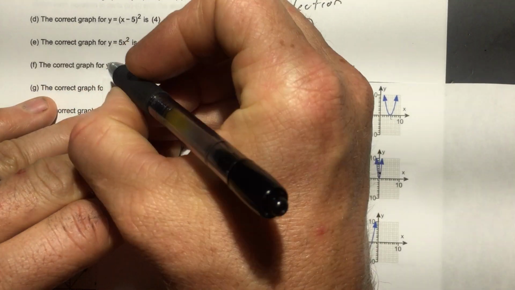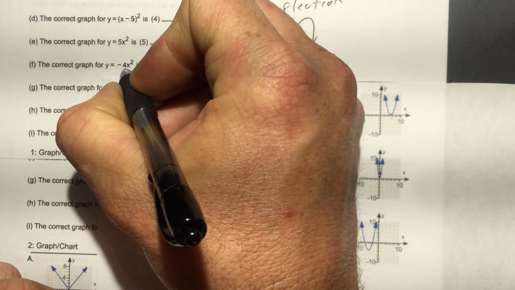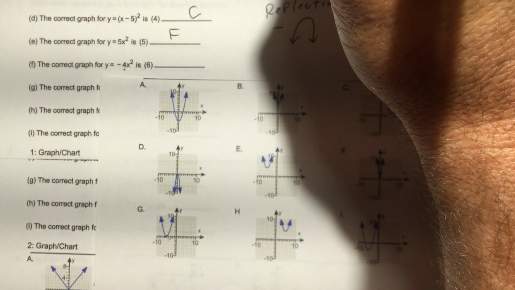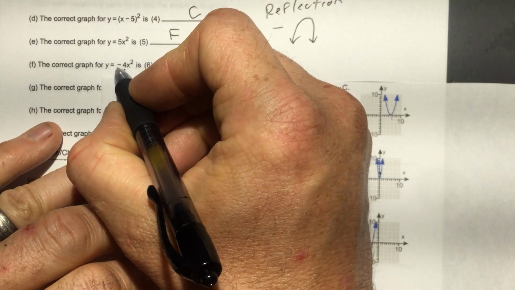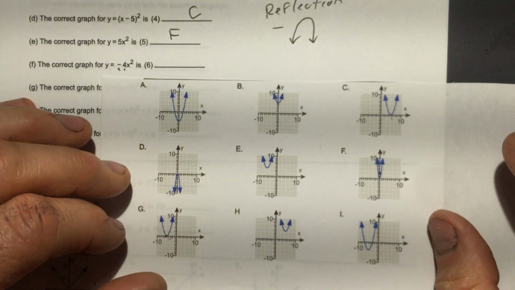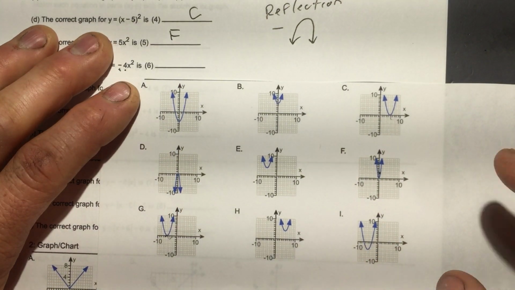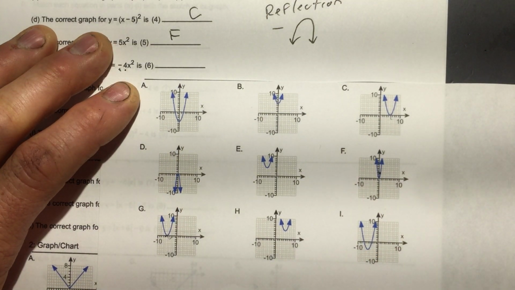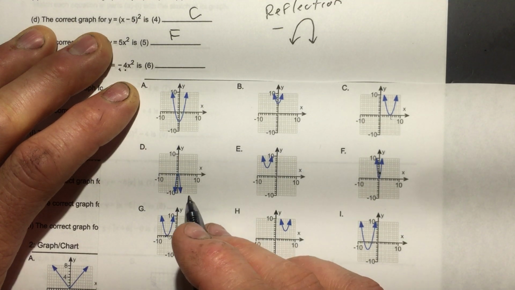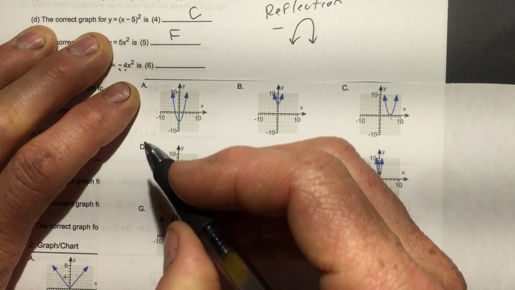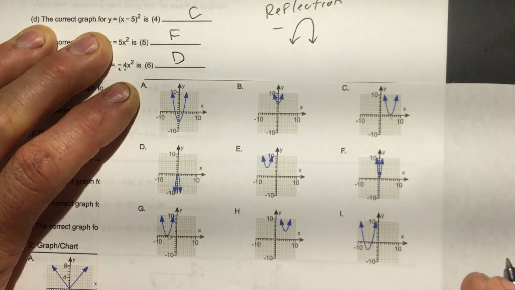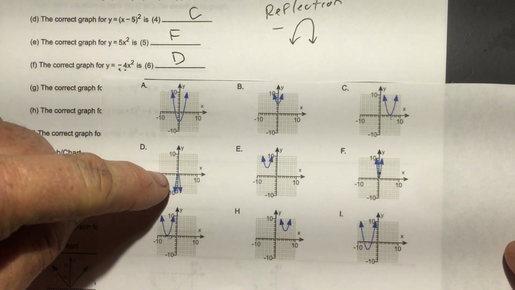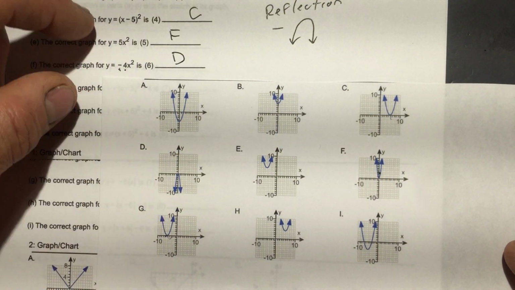But look, it's got a 4, which means it's stretching it. So it's going to make it real skinny and tall, but it's going to go down because of that negative. So which one looks like it gets real skinny and tall, but goes down instead of going up? I think it's right here. So that would be D. See how it's reflected down? That's what the negative does.